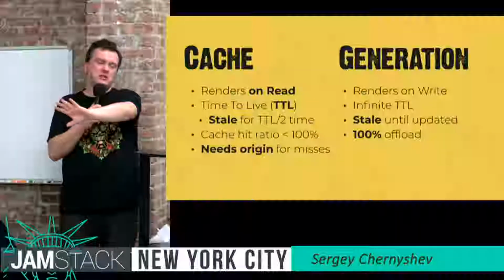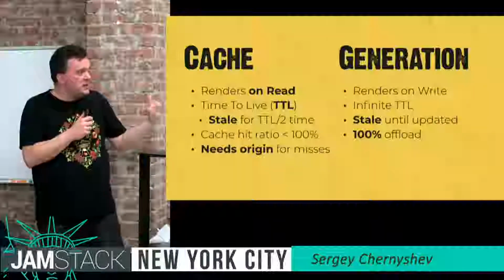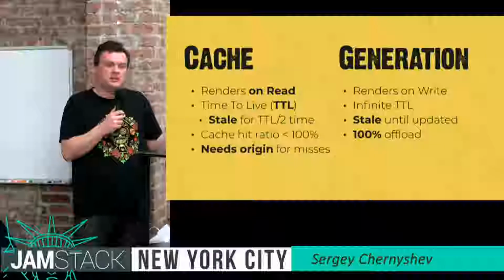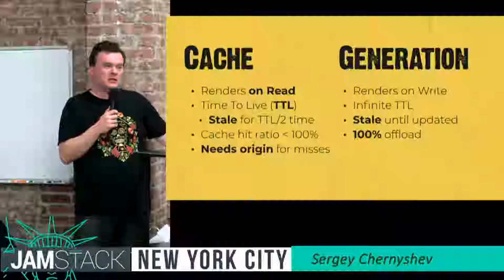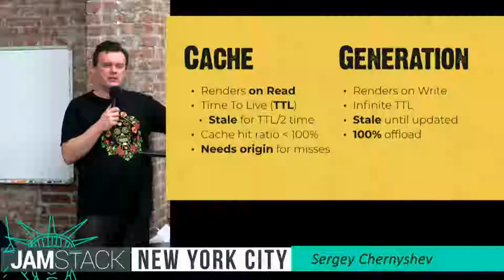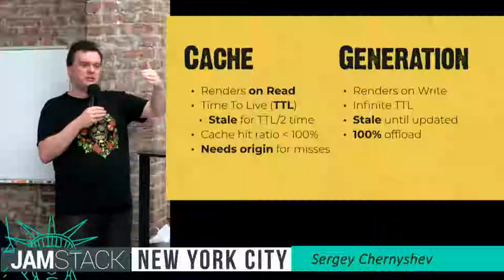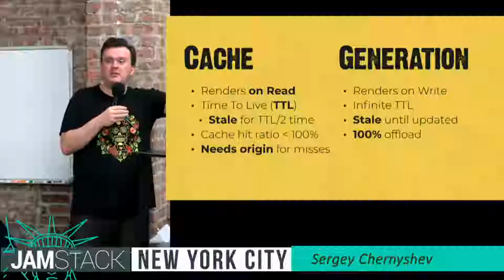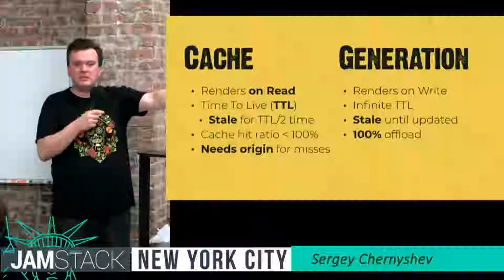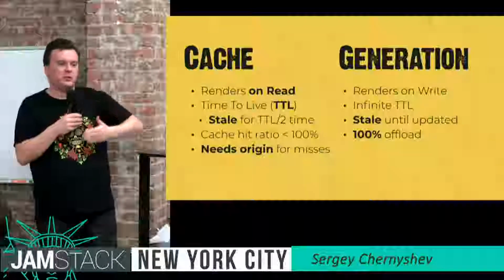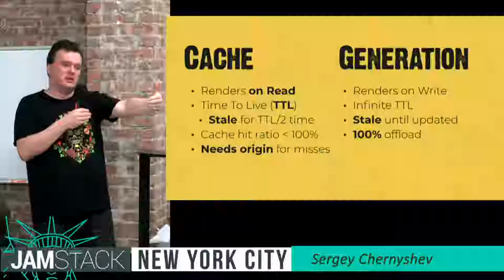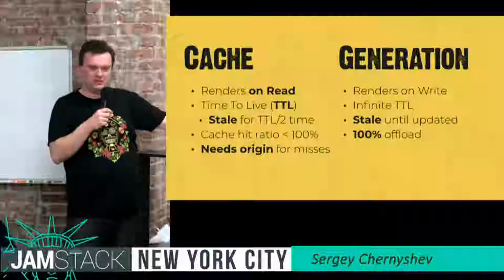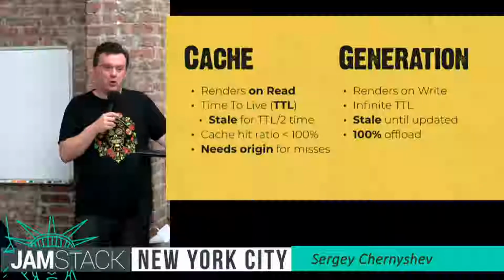In generation, it happens on the write. Cache uses the TTL technique, and the staleness of the resource depends on the length of the TTL, because you don't know when the user hits it. Say you cached it now, the user hits it in 15 minutes, and it invalidates in 20 minutes, that means 5 minutes stale. But the user could have hit it right when you deployed it, so it will be 20 minutes stale. So average staleness is half of your TTL, among all the users.